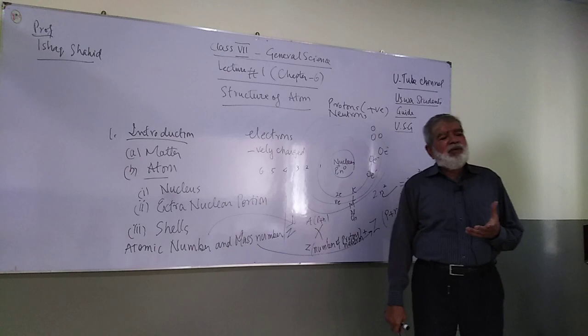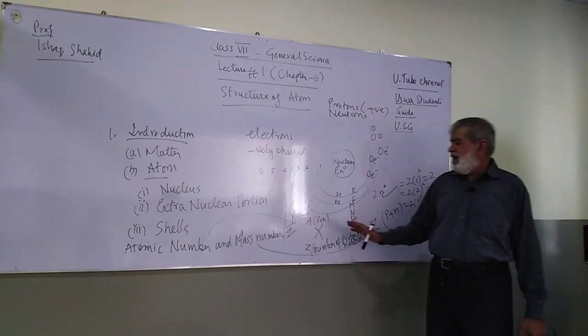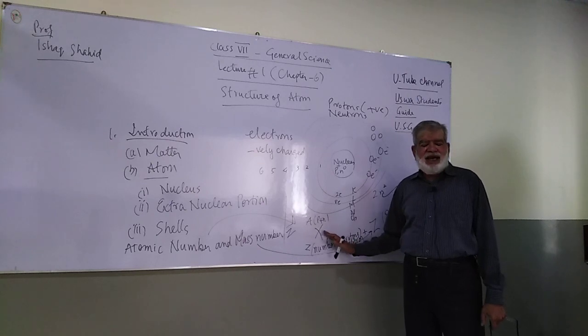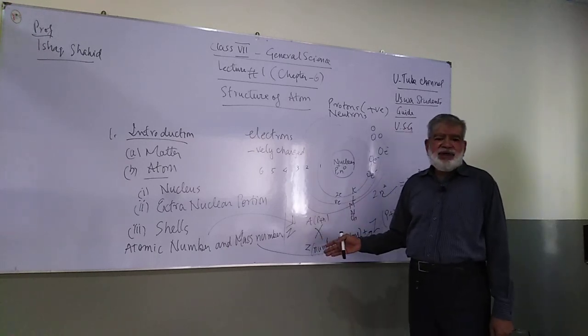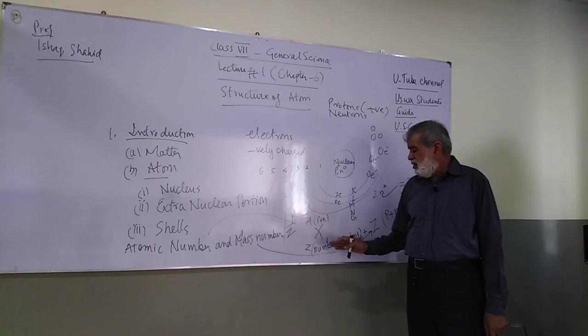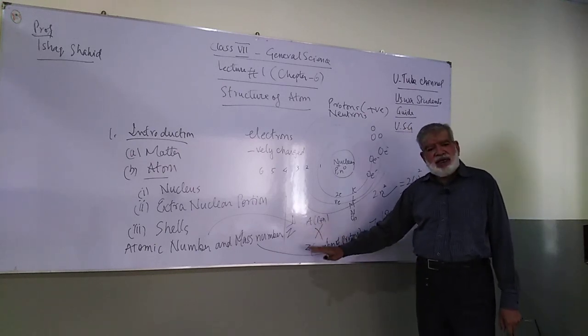Now how best to write this? I've told you that X is an element, say carbon, hydrogen or oxygen. Then it is customary, it is a practice, to write the atomic number in the subscript, the bottom.